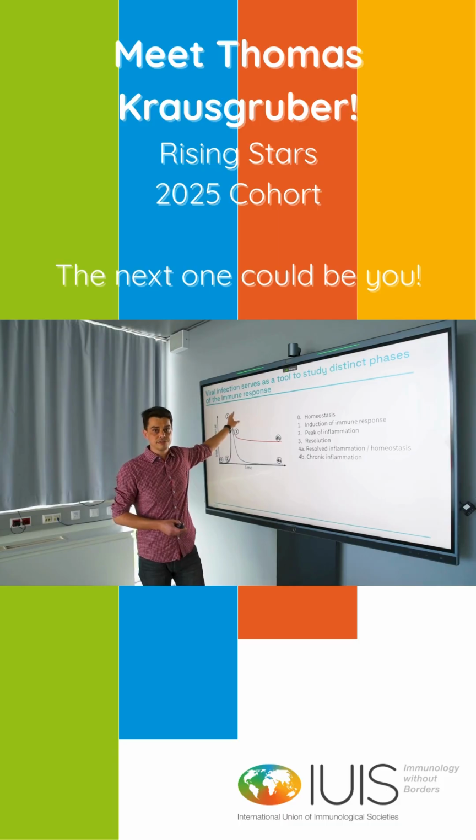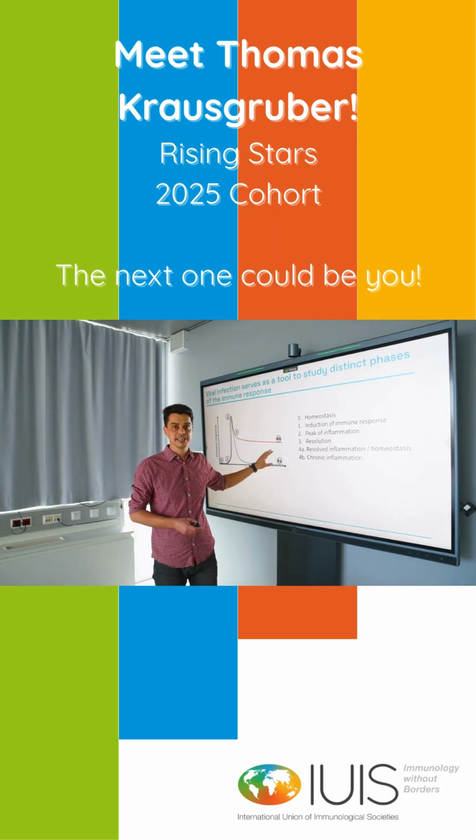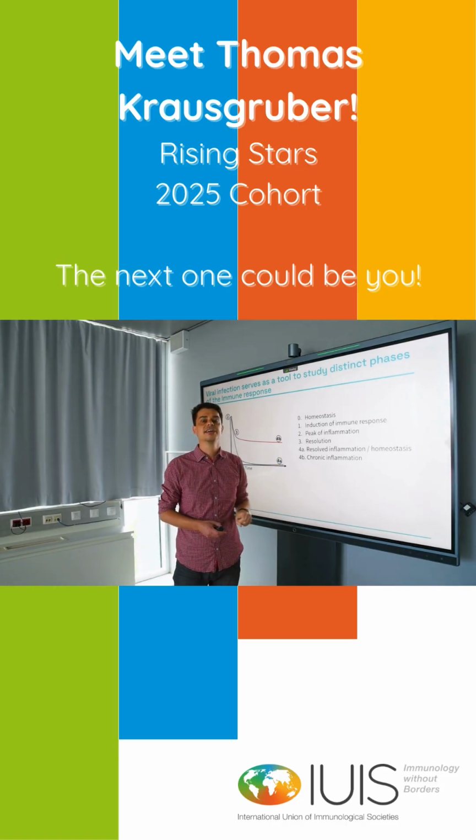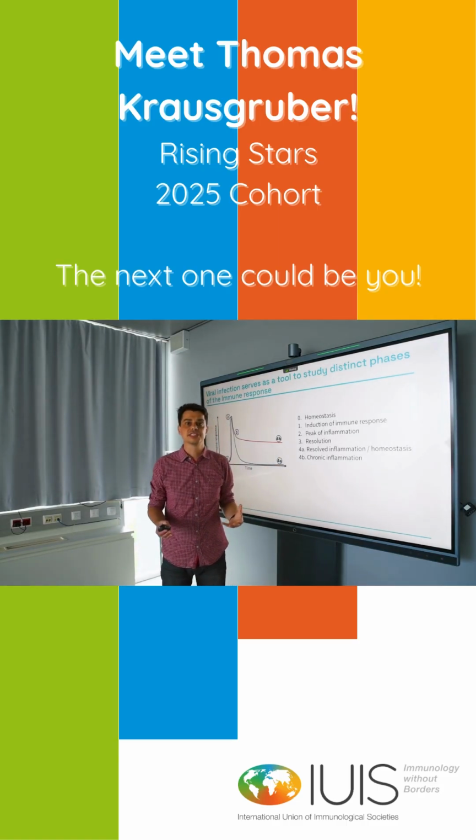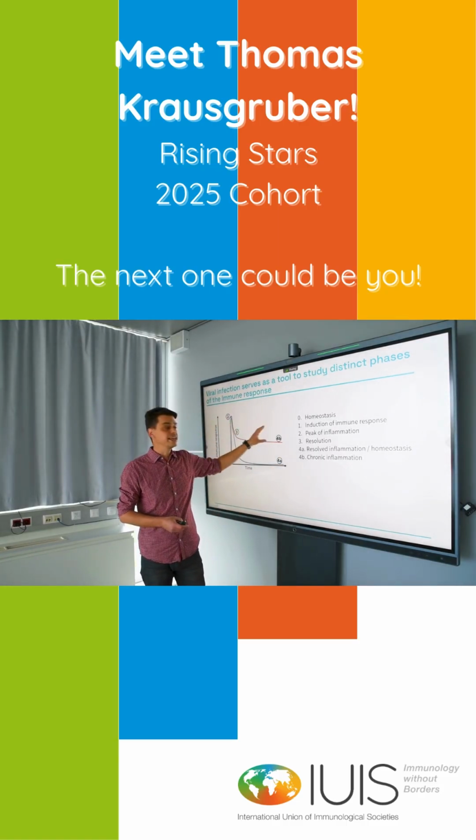Next, we have the peak of inflammation, and then the resolution phase. This is a very important point, because here we can have two different outcomes. On the one hand, we can resolve the inflammation and the host goes back to homeostasis. On the other hand, if the immune response can't be resolved, we end up with chronic inflammation that can be detrimental to the host.